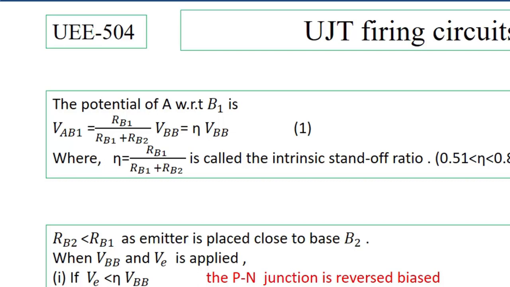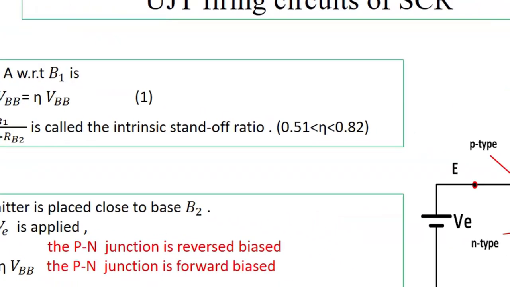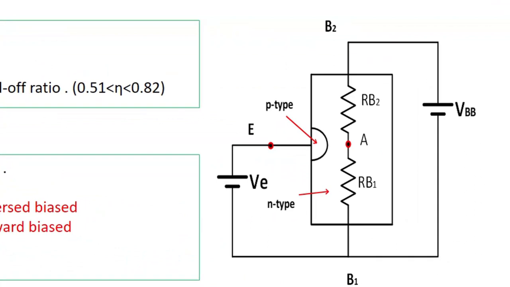Our purpose is to reduce the value of RB1 by RB1 plus RB2, as the region AB1, or the resistance RB1, is larger compared to RB2. If we can reduce the value of RB1, our transistor will be on. To reduce the value of RB1, a positive emitter voltage is applied.